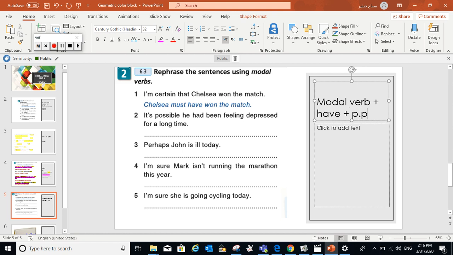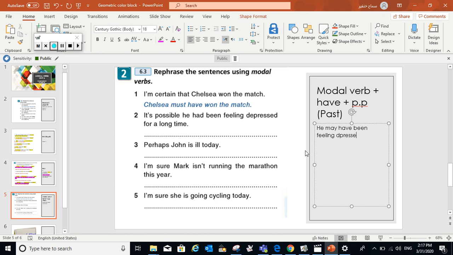This is when you refer to the past. So it's possible he had been feeling depressed. We can write as follows. He may, had will be have, he may have, and then you write the rest of the sentence with no changes. So he may have been feeling depressed.